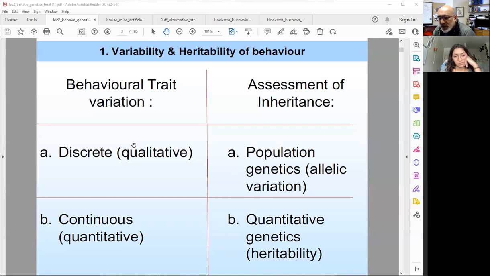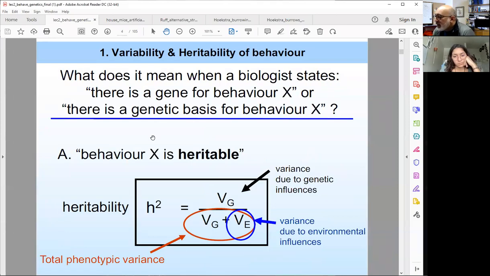So we try to actually measure heritability of the trait. And I'll walk you through what that means. Now, again, if you're taking evolutionary biology with me, you'll become very intimately familiar with these terms and so on. Okay.